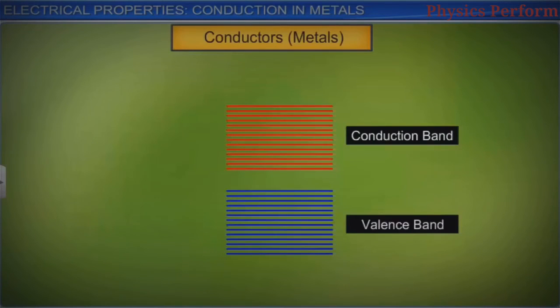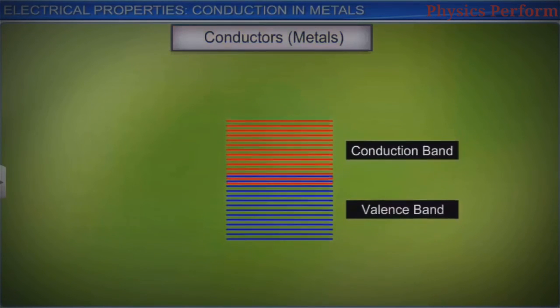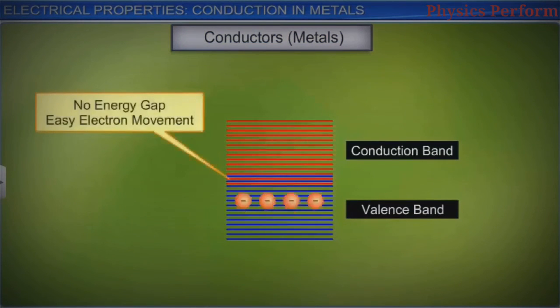In metals, the valence band overlaps the conduction band. This results in easy flow of electrons under an applied electric field, and the metal shows conductivity.